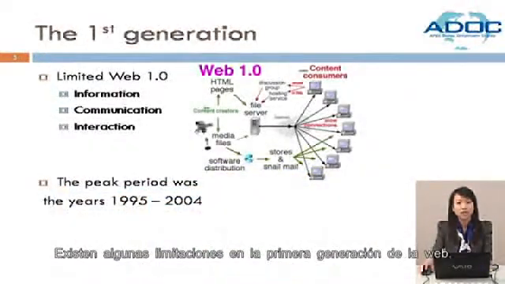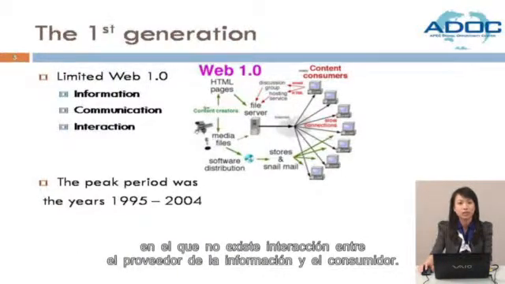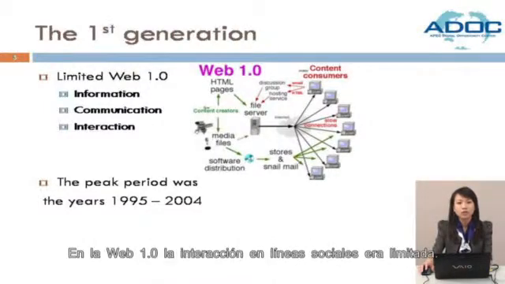There are some limitations of the first generation web. Web 1.0 is the basic internet with static content and no interactivity between the information provider and its consumer. Online social interaction in Web 1.0 was poor.